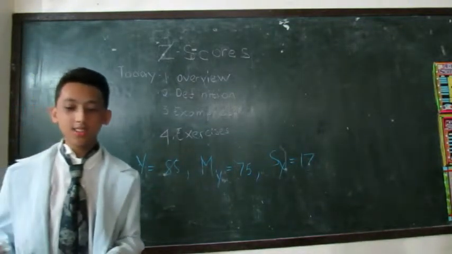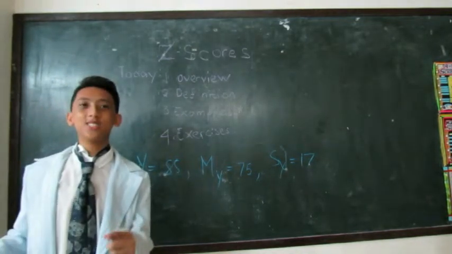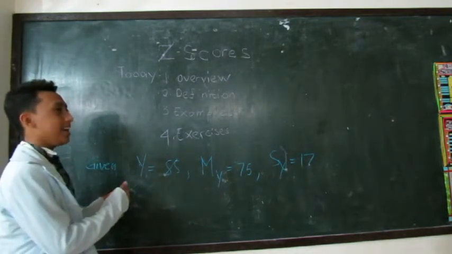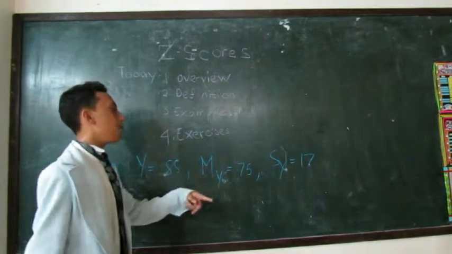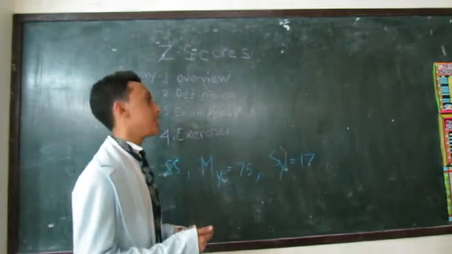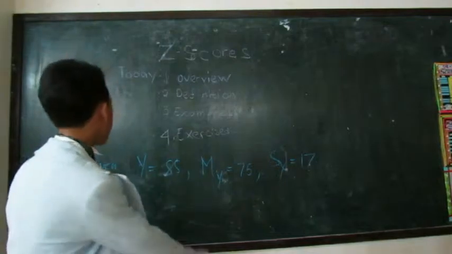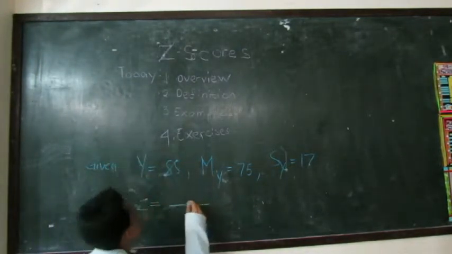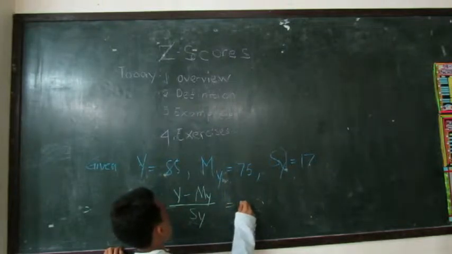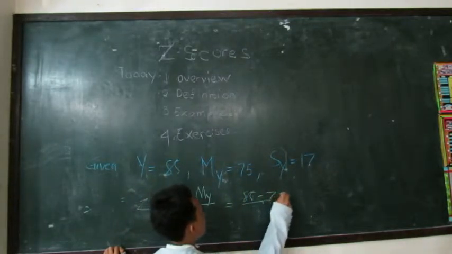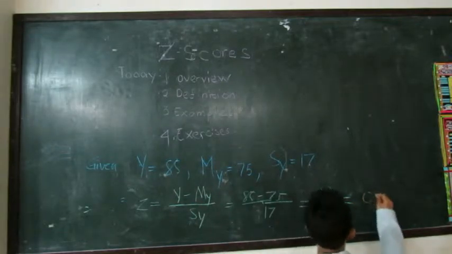For the examples about the z-scores, applying the formula for z-score to a score of y equal to 85, and coming from the sample of mean my equals 75, and the standard deviation sy equals 17, gives us the equation z is equal to y minus my over sy is equal to 85 minus 75 over 17, which is 10 over 17, and the final answer is 0.59.